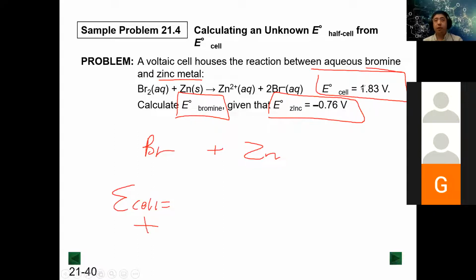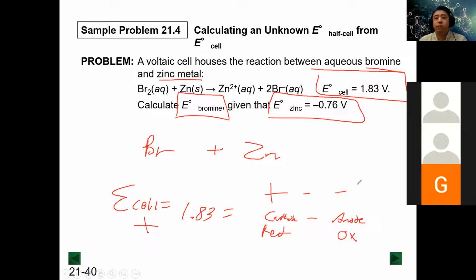If I want this to be a positive value, it happens to be 1.83, right? This is always going to be equal to whatever the cathode is minus the anode. Also, in other words, this is the reduction and this is the oxidation. And we said that this one is going to be the more positive value minus the more negative value. Does this make sense so far? I'll take your silence as a yes.